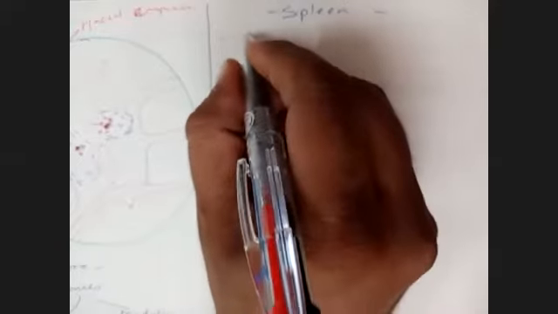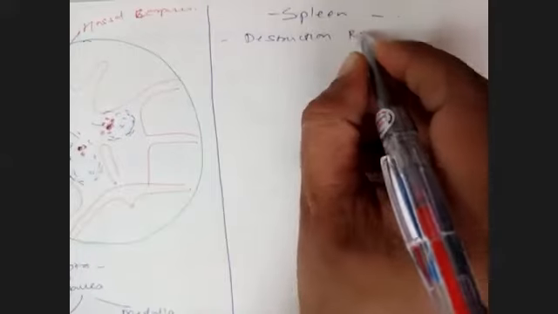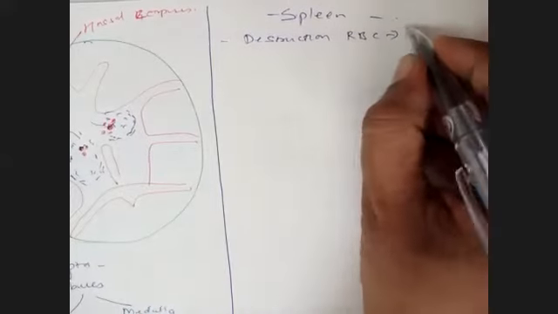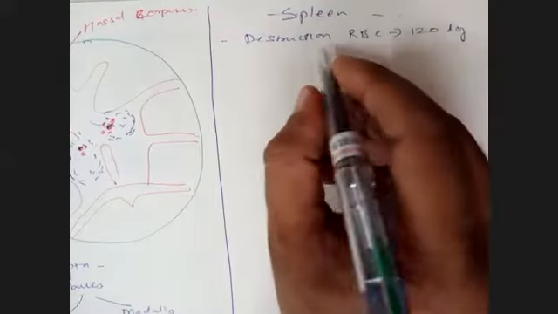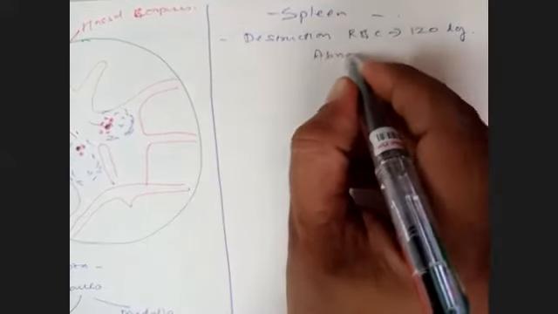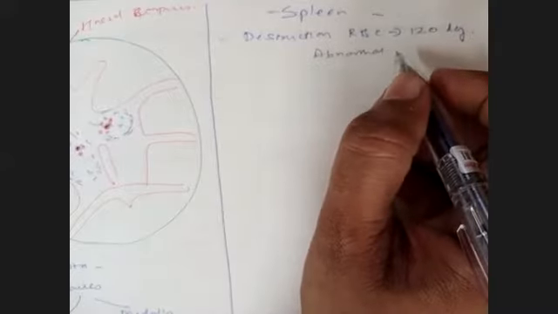Mainly it is concerned with destruction of RBCs which are more than 120 days old and abnormal RBCs. And of course, it is an important site for lymphopoiesis in adults.